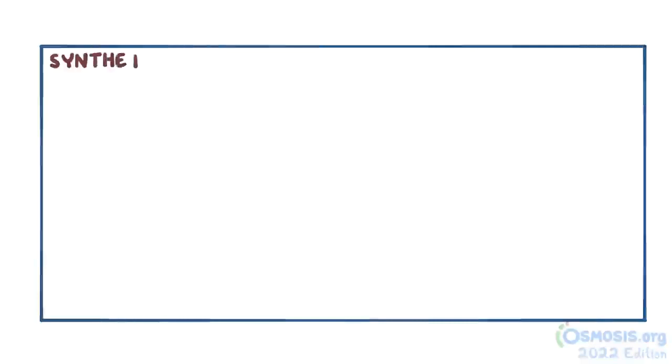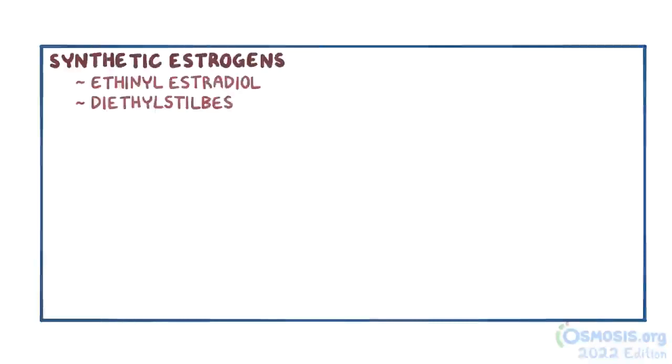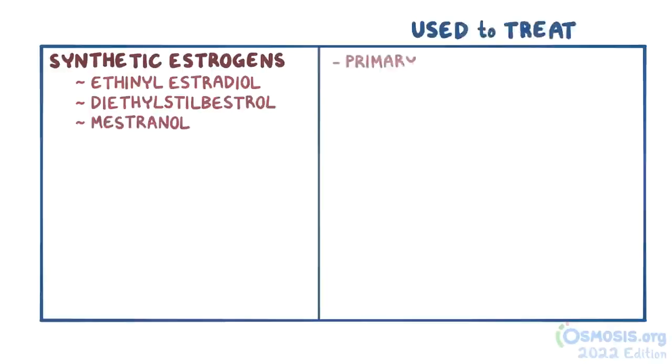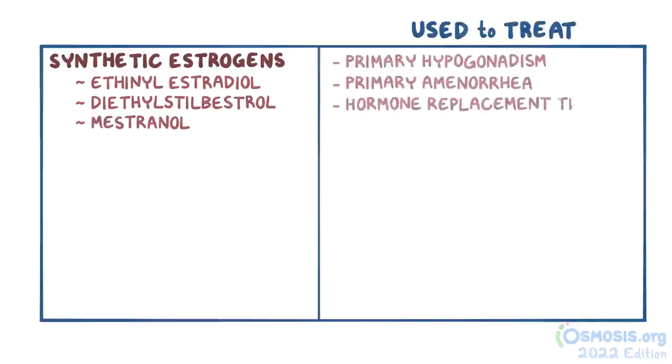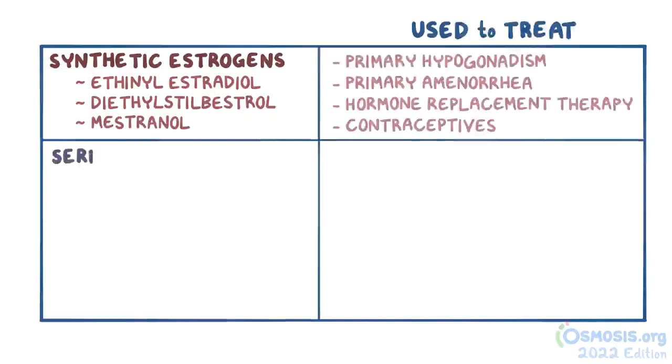Alright, as a quick recap. Synthetic estrogens include ethinyl estradiol, diethylstilbestrol, and mestranol. They are used in the treatment of primary hypogonadism, primary amenorrhea, as hormone replacement therapy, and as contraceptives. Selective estrogen receptor modulators act like estrogen agonists in some tissues and as estrogen antagonists in others.